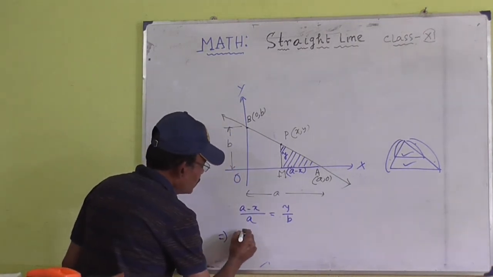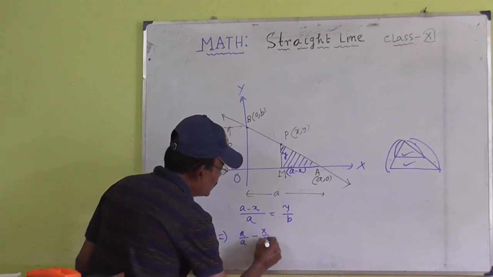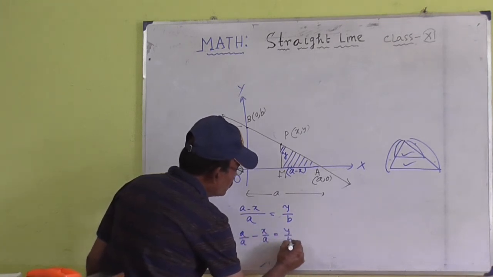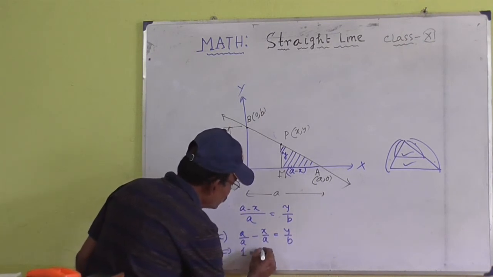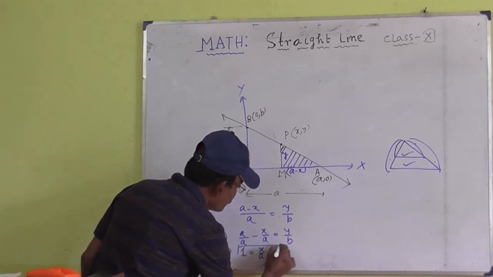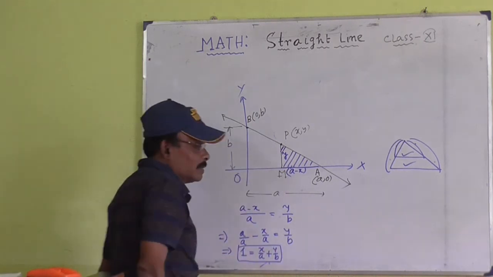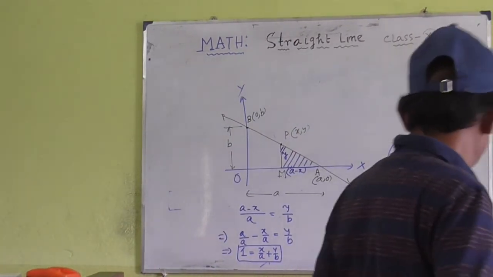Try to simplify: a by a minus x by a equals y by b, so 1 equals x by a plus y by b. Clear? Intercept form.